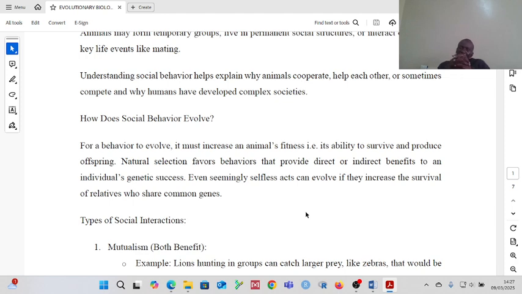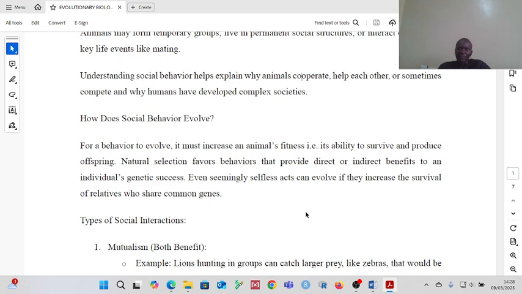As we saw, natural selection is likely to favor behaviors that provide either direct or indirect benefits to an individual's genetic success. An individual's genetic success is the ability to pass the genes to the next generation, which means the ability for a particular organism to survive until reproductive maturity, find a mate, produce an offspring, then take care of that offspring.